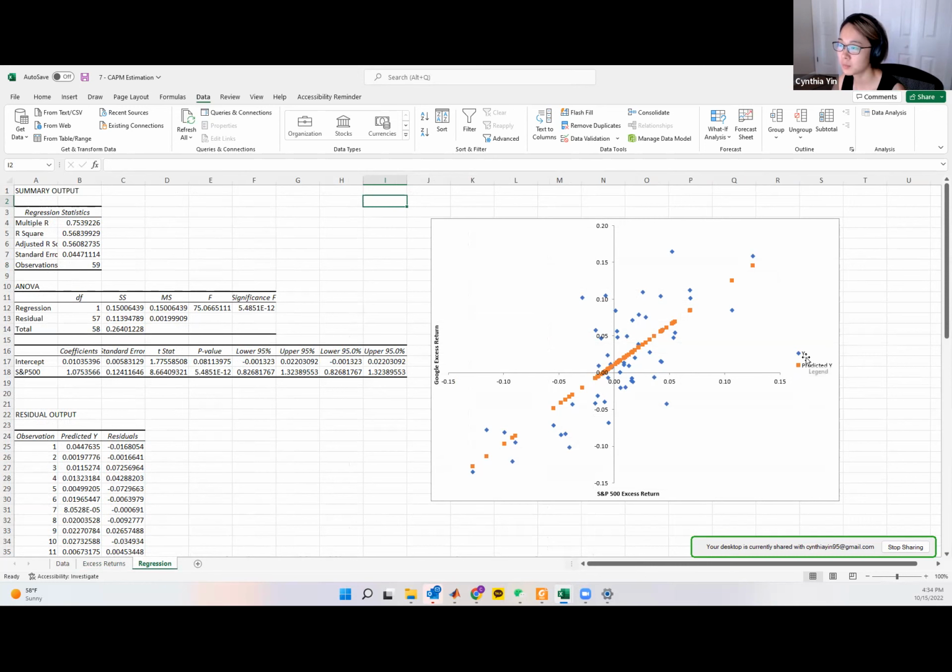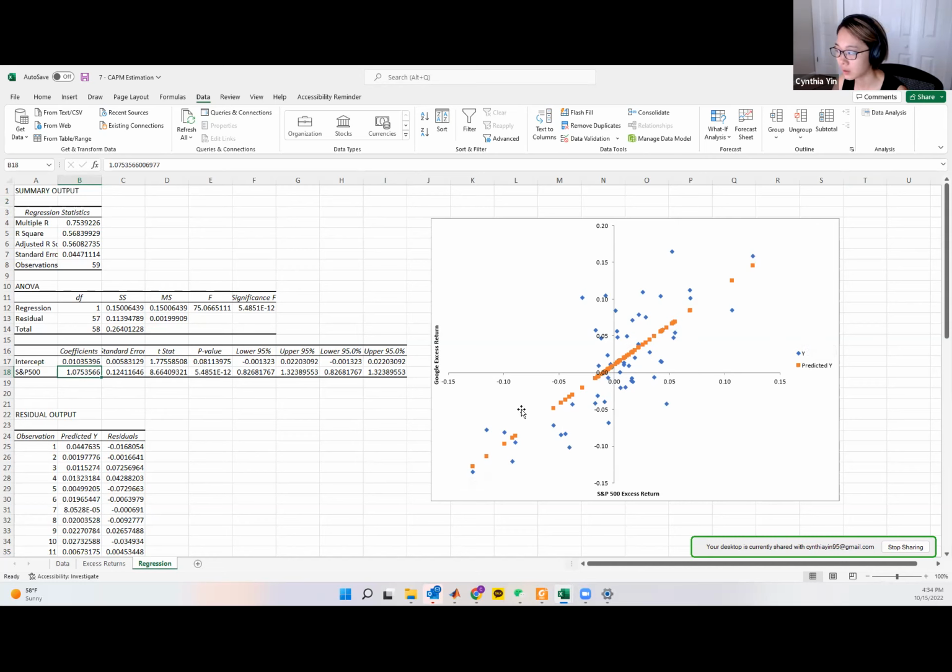So it basically means rather than just using the actual Google excess return, you use the estimated alpha and estimated beta and plug them into your CAPM model, and you will get a straight line. You can see here, these orange dots are just one line.